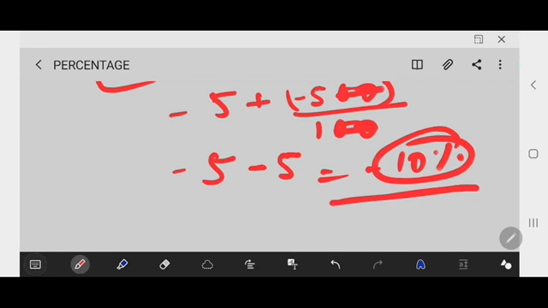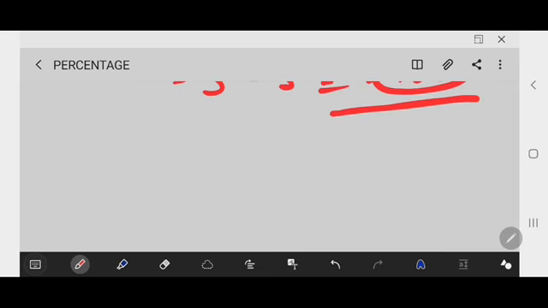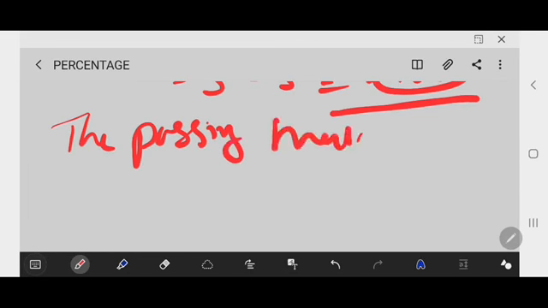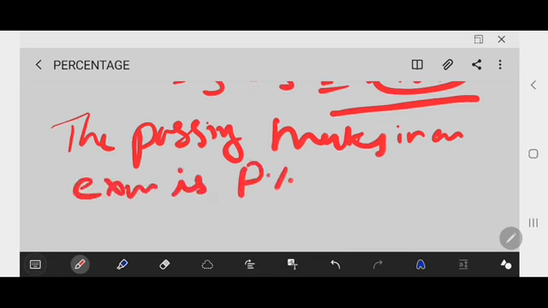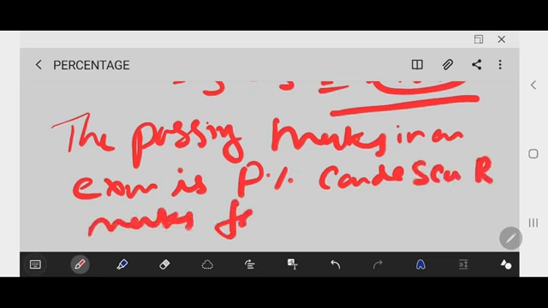Okay, so one of the very important question tricks is this: the passing marks in an exam is P%, and a candidate scores R marks and fails by F marks.